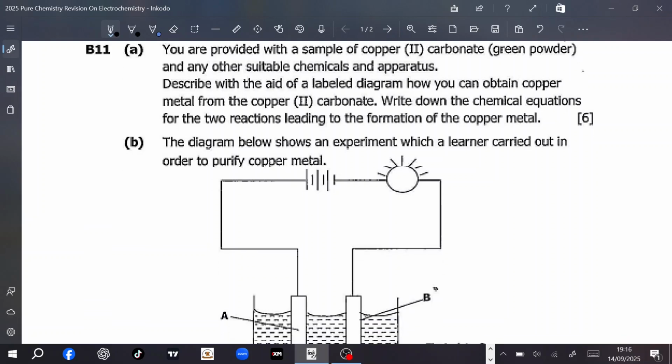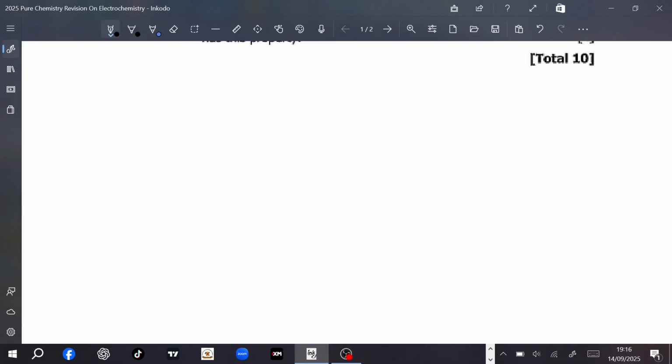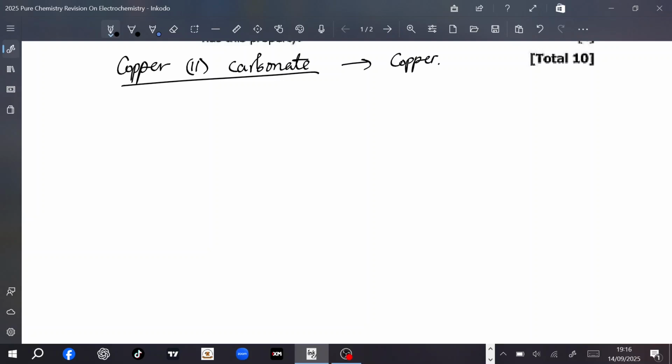So maybe to answer this question, you have copper 2 carbonate. So they want from this copper 2 carbonate, you come up with copper metal. So they want you to describe.